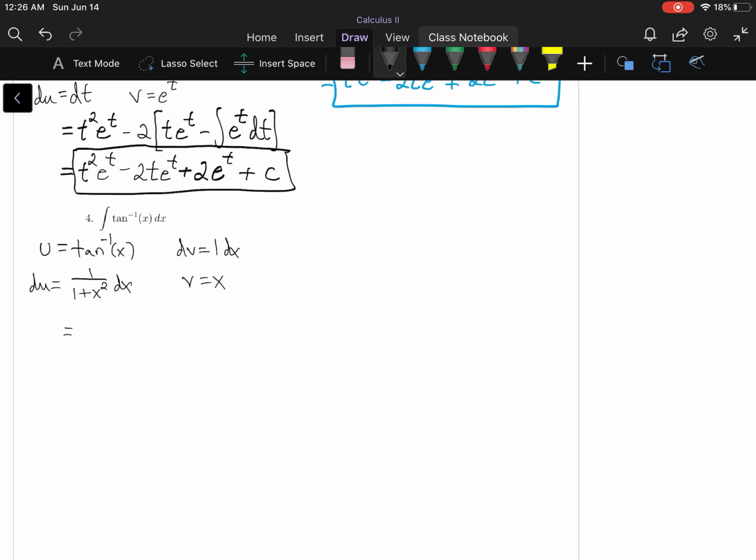And according to the integration by parts formula, u times v gives us x times arctan of x minus the integral of v du, which is x over 1 plus x squared dx. And I look at this remaining integral, and I realize I could use u substitution here.